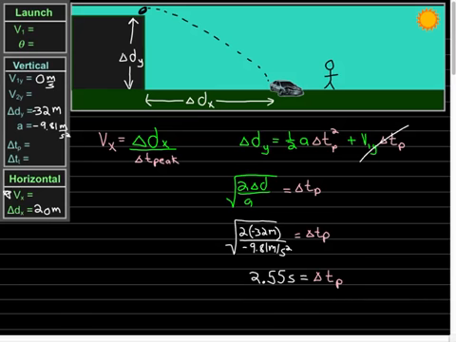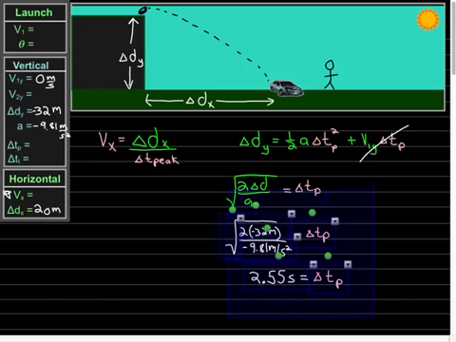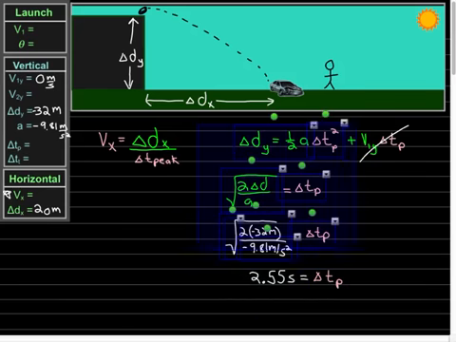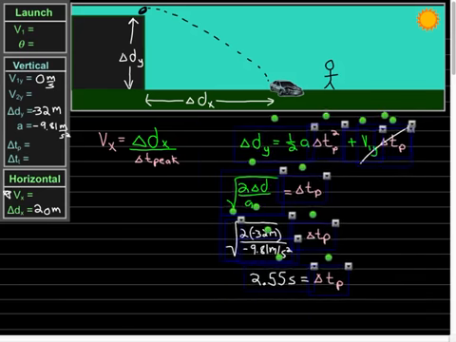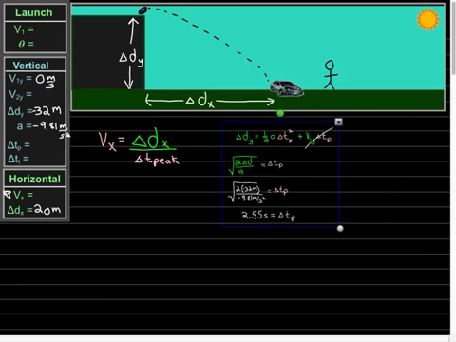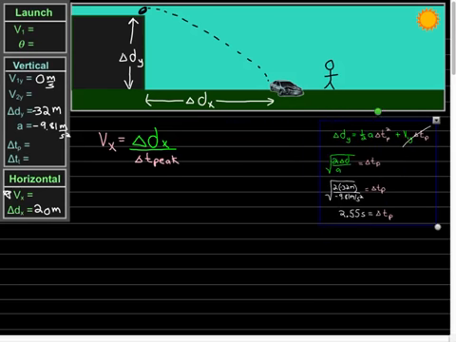Okay, so there we go. We now have the time that the car was in the air. We now have the time. And with that time, we can now plug it into this equation.